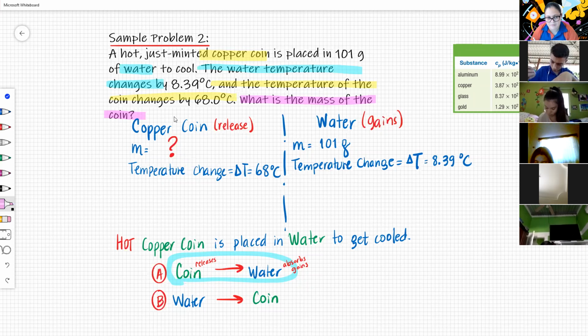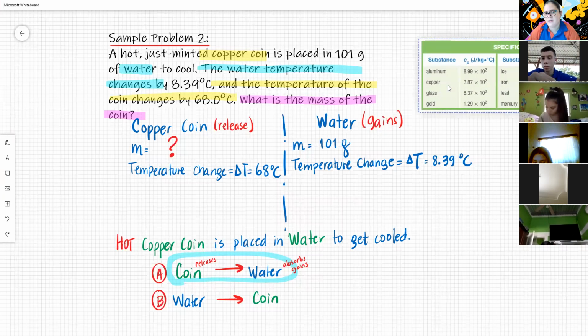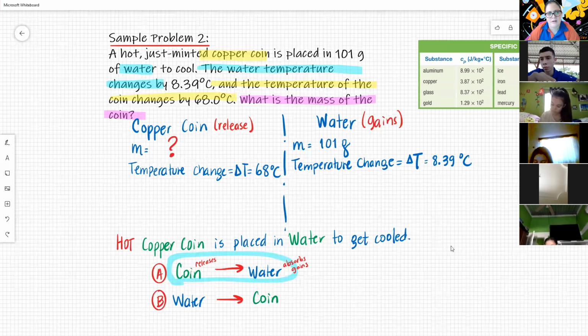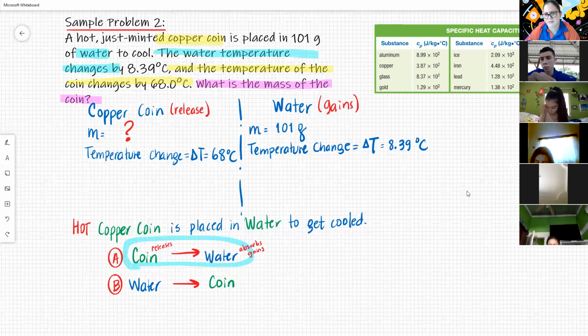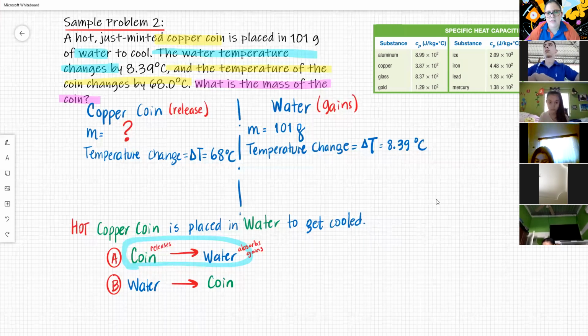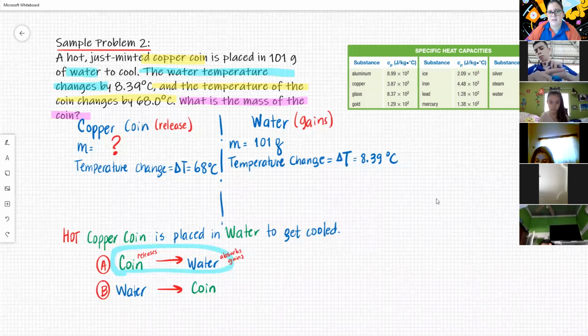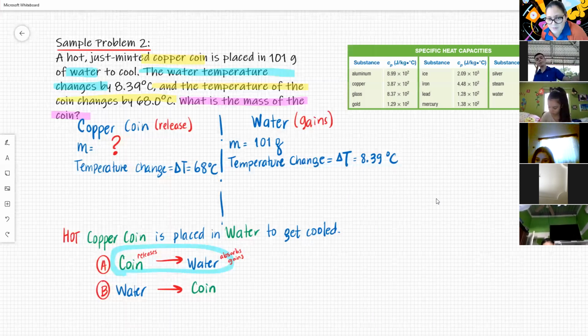Now, as you can see, the information that we have is just too little, okay? So we need to include more information in it. And this is where the table is very useful. Take a look at this table. It is called specific heat capacities. So in this table, you're gonna find specific heat capacities about substances.